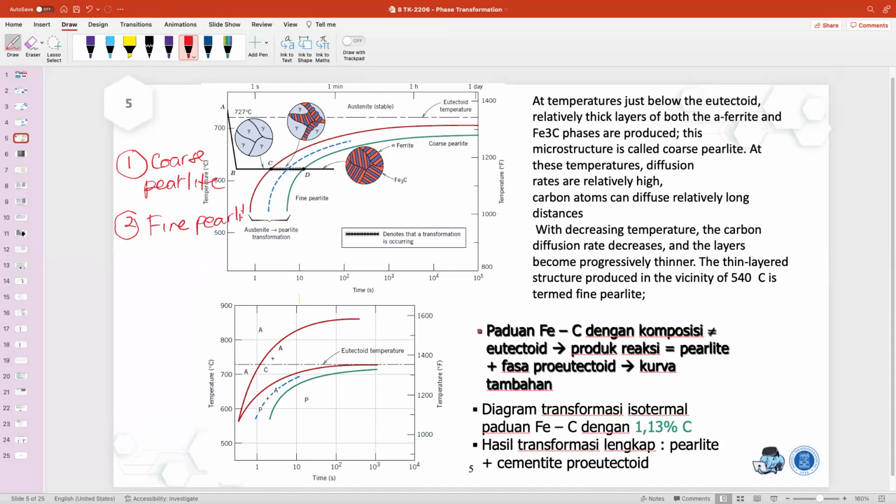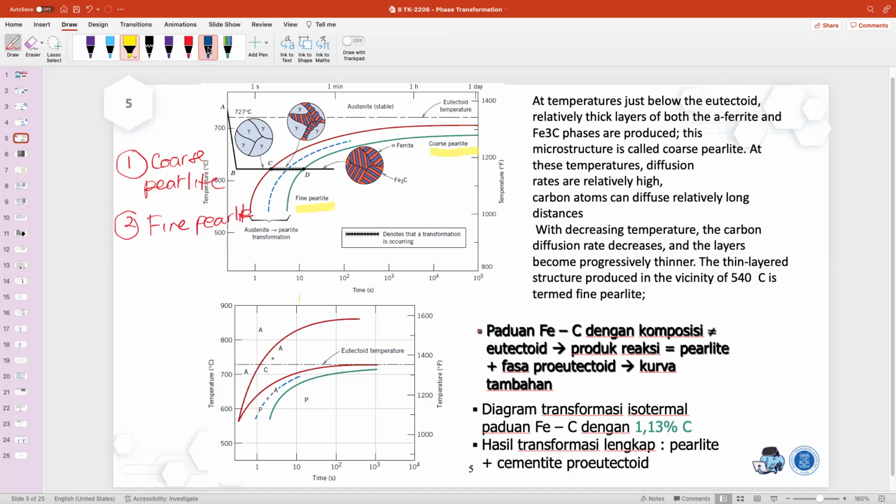Here you have coarse perlite, but over here you have fine perlite. Which one is stronger? Which one is harder? Fine perlite is stronger compared to coarse perlite, because you have more interface area, more phase boundaries.